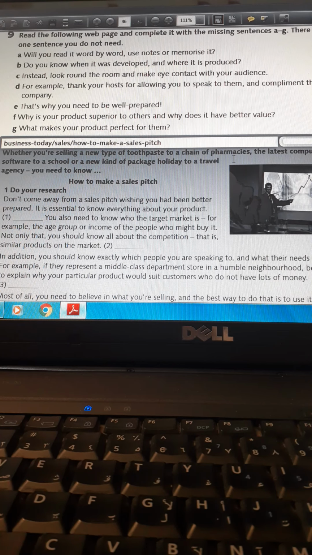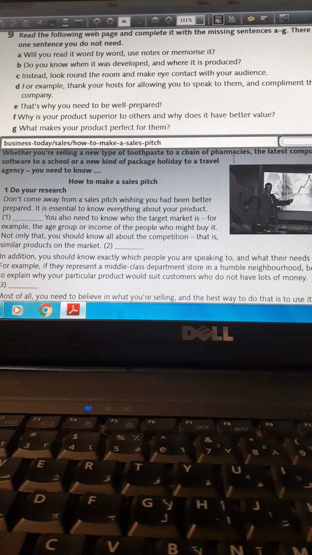Sentence A. Will you read it word by word, use notes, or memorize it? B. Do you know when it was developed and where it is produced? C. Instead, look around the room and make eye contact with your audience.